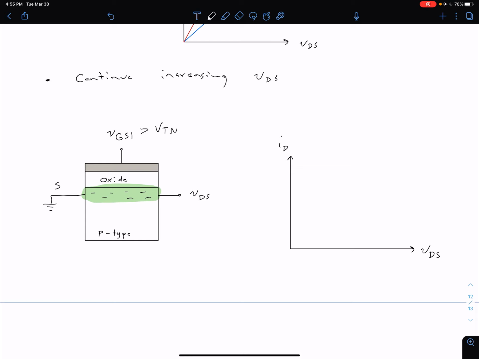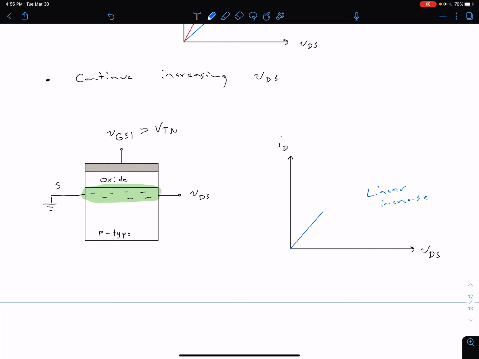And so what we can see is if we continue to make small adjustments, as we said above, we're going to see this linear increase. So this is the case we already considered above. We're going to see some linear increase for small values of our VDS.